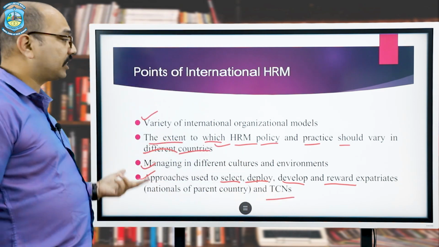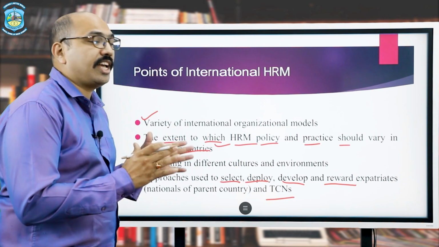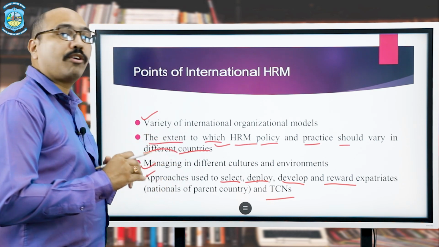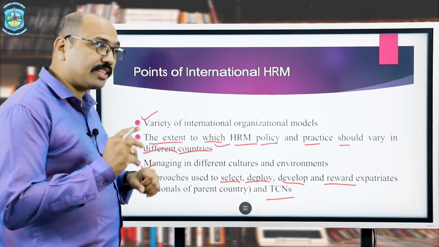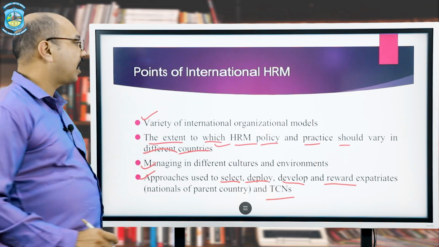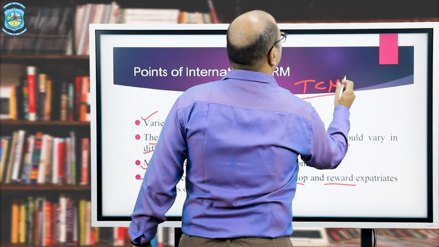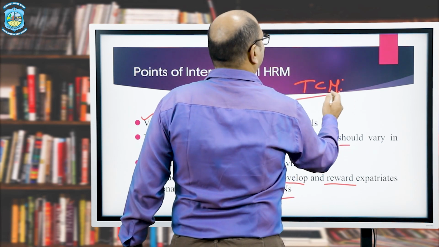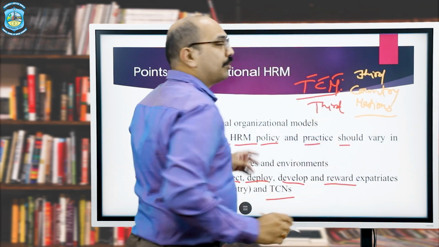Not just expatriates, but TCNs. So the different approaches that an HR should have for selecting, deploying, developing, and rewarding both expatriates as well as TCNs. So what is TCN? That's a very important aspect. One should always remember TCN. TCN is third country nationals. So they are very different.